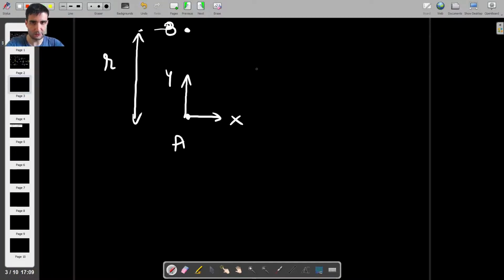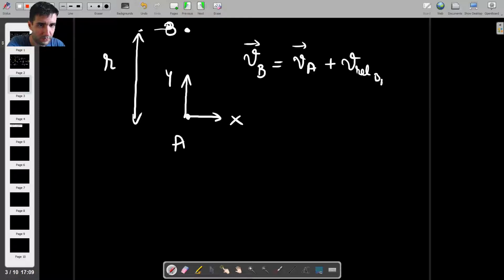So here's what we can write. We can write that the velocity of the cat, the velocity of B, is equal to the velocity of A plus the relative velocity of B with respect to A, and I'll comment about this in a second, plus omega cross AB.